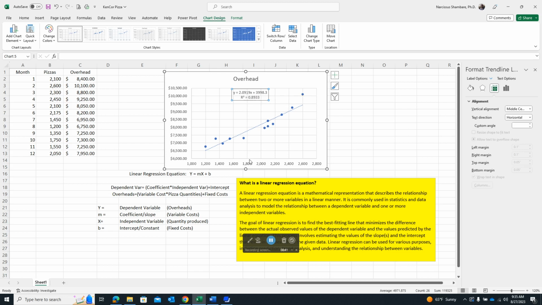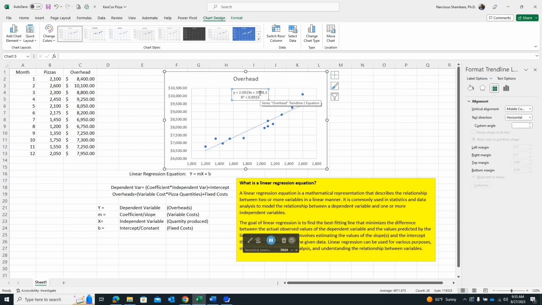So it's actually telling us that for every additional pizza that's actually produced, the overheads will increase by $2.09, right? For every additional unit of pizza that we produce, the overheads will actually increase by $2.09.